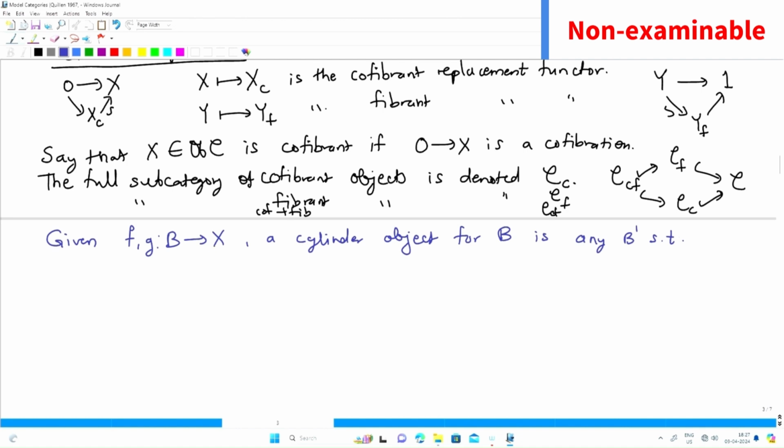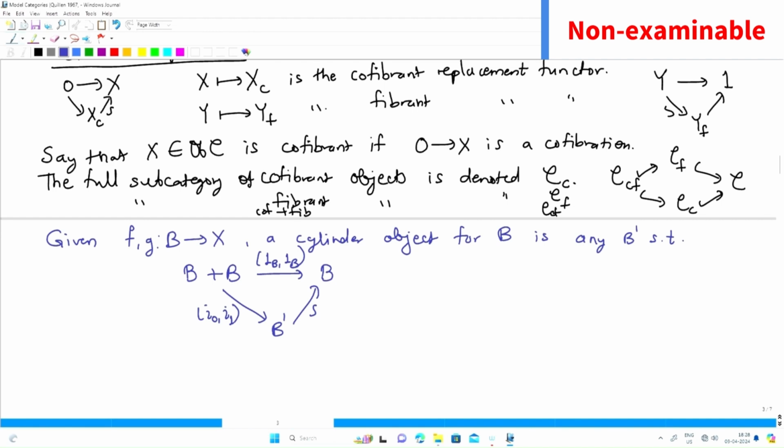Okay, so B plus B, you understand B plus B? It's the coproduct. Then from the coproduct to B, we have the map. What is the map? It's identity, comma identity. This map we always have. And finally we have this: I0, comma I1, into B prime, and this is a weak equivalence.